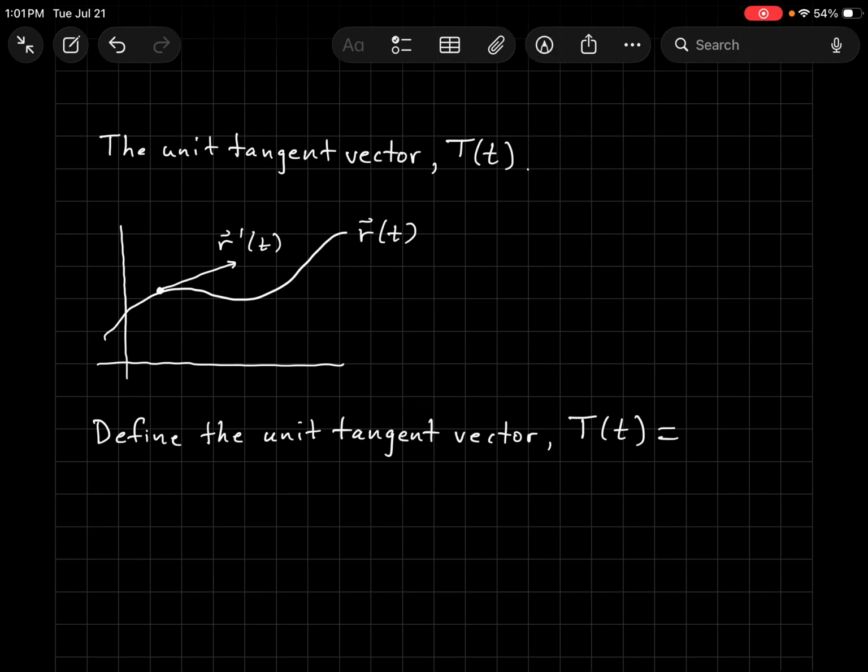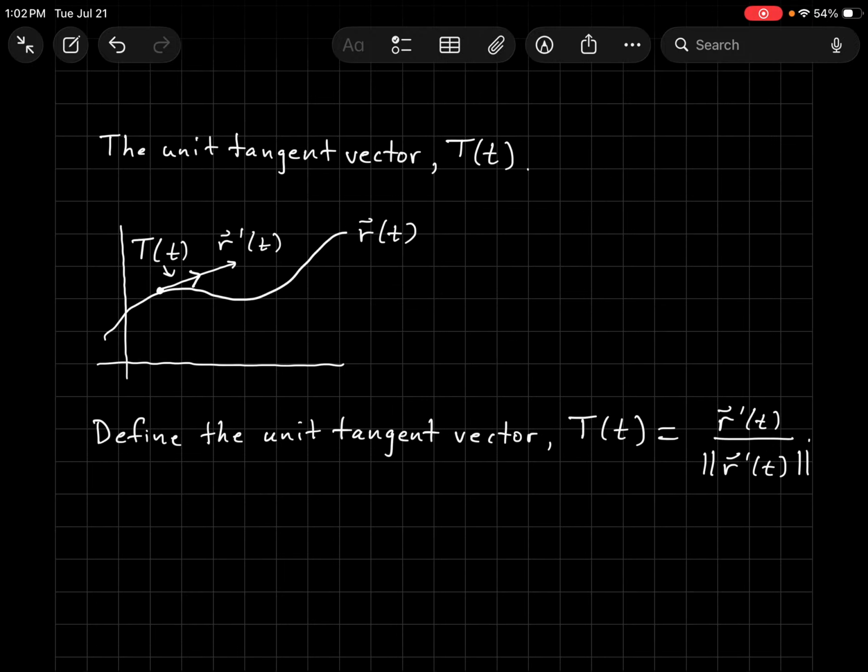The unit tangent vector is simply the tangent vector in the direction of r prime whose length is 1. And of course we know how to find unit vectors. In this case we do r prime of t over the magnitude of r prime of t. And that's how we find the unit tangent vector, big T of t.